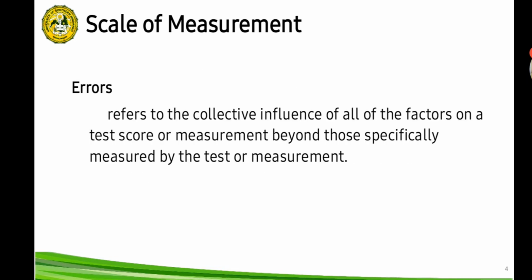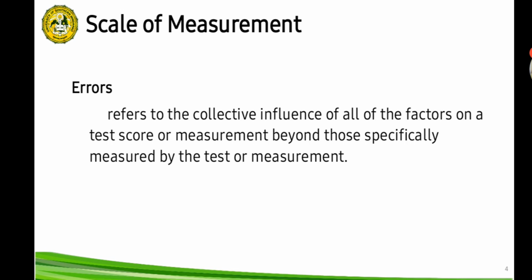Measurement always involves errors. In the language of assessment, error refers to the collective influence of all of the factors on a test score or measurement beyond those specifically measured by the test or measurement. An example of this is the score someone received on a test in American history.